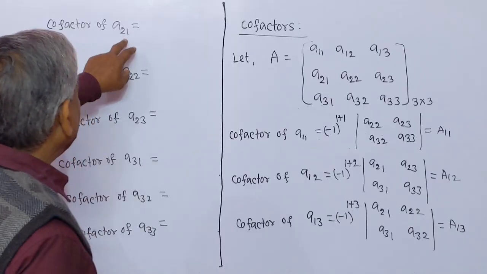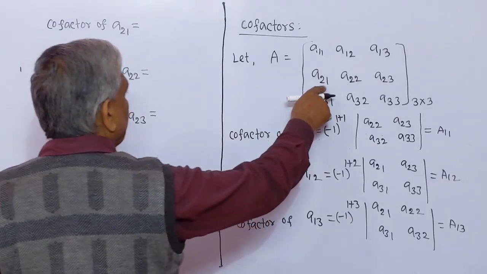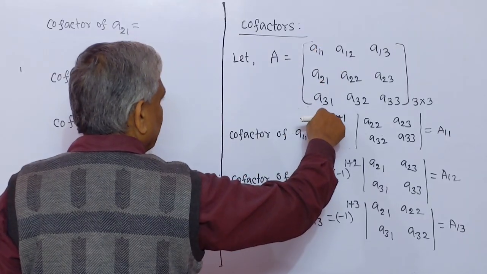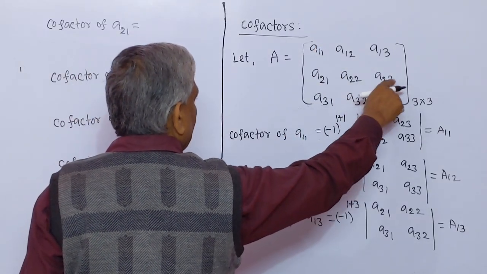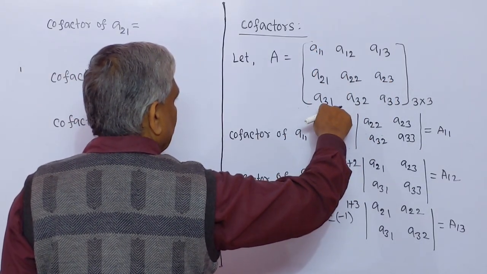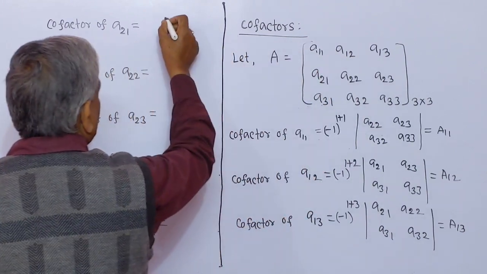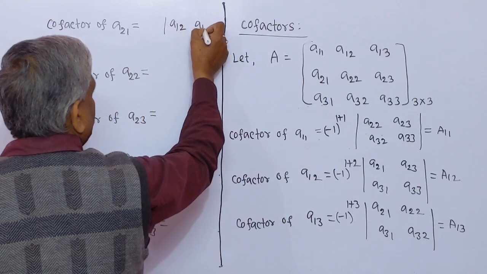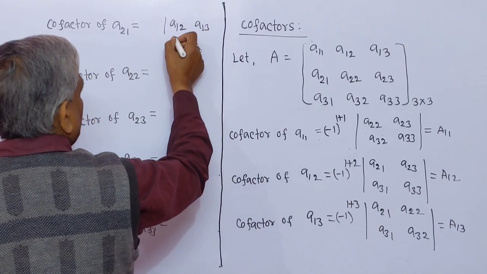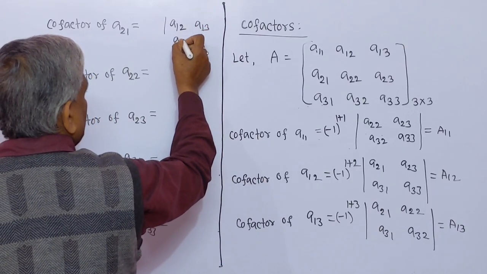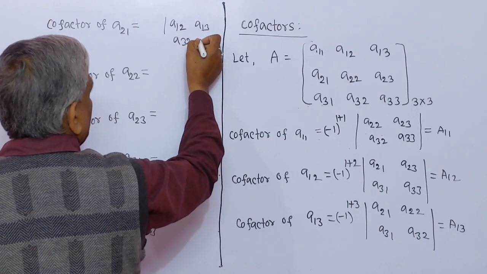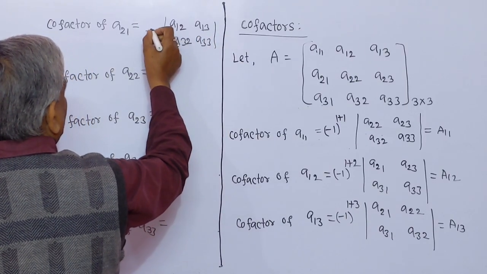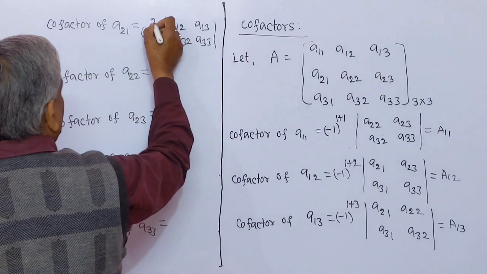Now the cofactor of A21, which is in the second row and first column. We cancel the second row and first column, remains A12, A13, A32, A33, and here minus 1 to the power 2 plus 1.